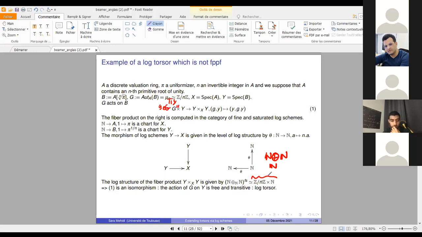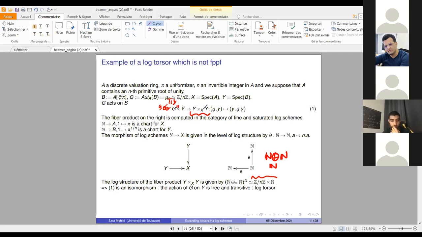And what is important here is that I computed this in the category of fine unsaturated log schemes, because if I didn't compute this in the category of fine unsaturated log schemes, I would not find this for the chart. So the chart for this and this will be different. So I will not get the same log structure here.